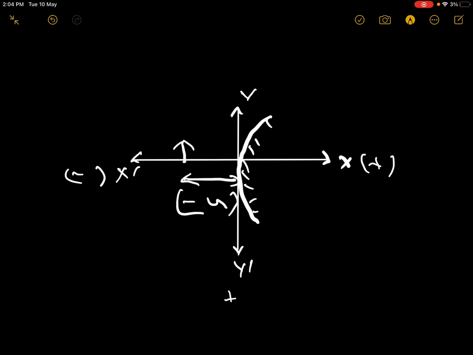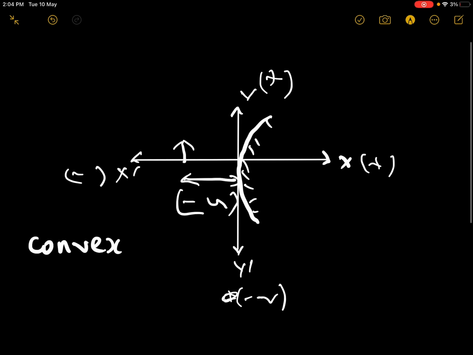So always remember, upwards and right side is positive, downwards and left side is negative. So here u is minus, in case of convex also.